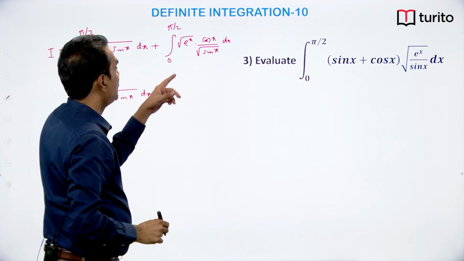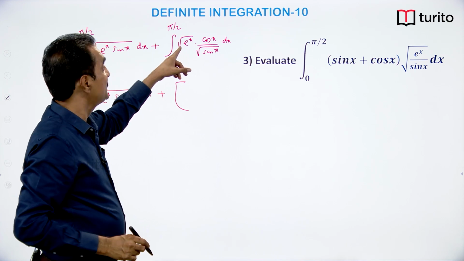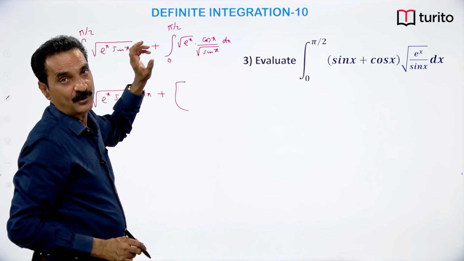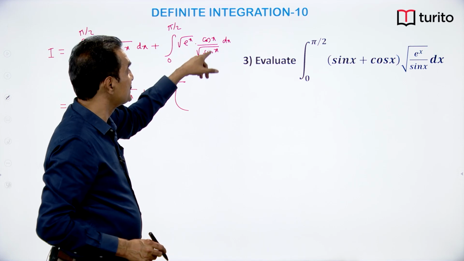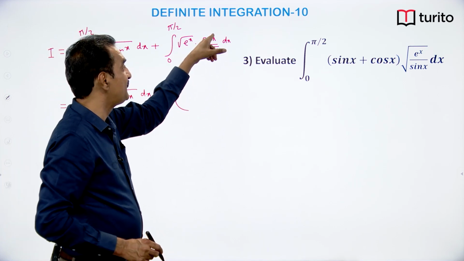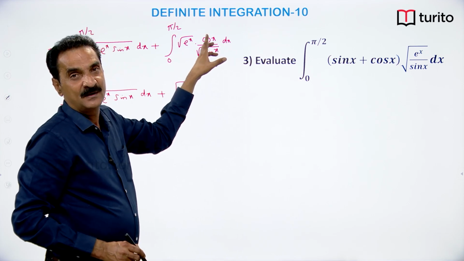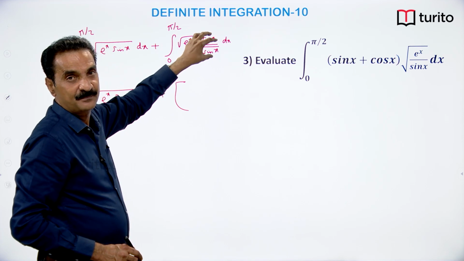In the second integral, integrate by parts. First function is root over e power x. Second function is cos x by root sin x, because cos x by root sin x is in the form of f dash x by root f x, whose integral is 2 root f x. We know the integral of the second function.